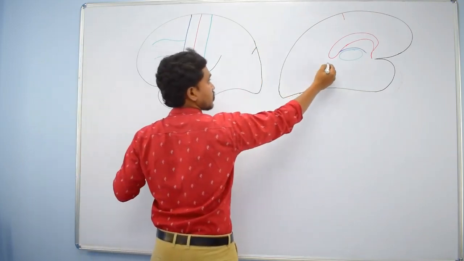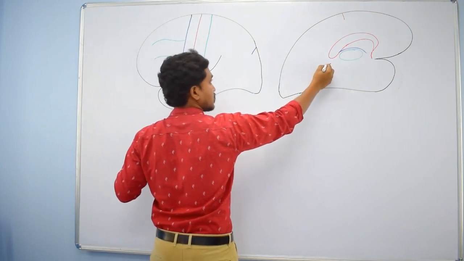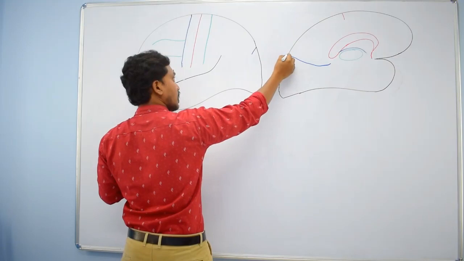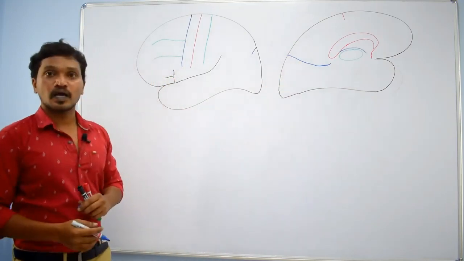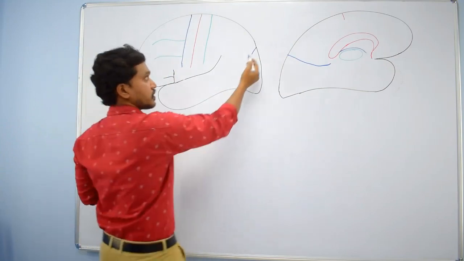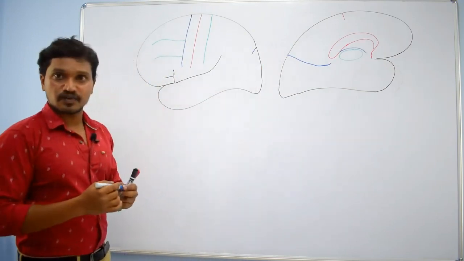Of course the parieto-occipital sulcus is present in the medial surface, then it extends posteriorly and winds around the superior medial border and appears in the superior lateral surface.